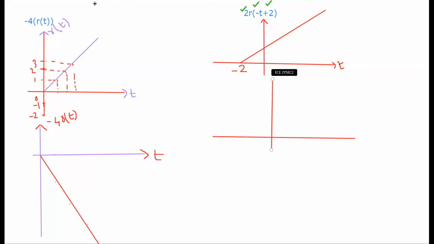Since r of t plus 2 is defined in the range of minus 2 to infinite, the time reversal version should be defined in the range of minus infinite to 2. Isn't it? So now the signal looks like this.